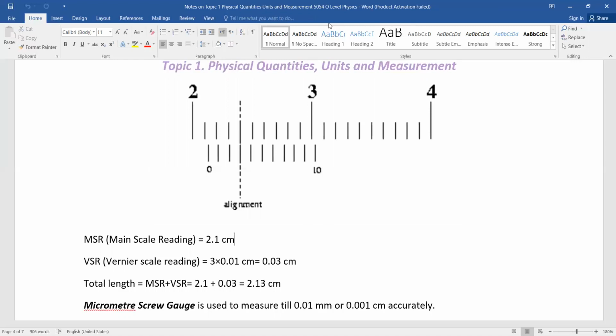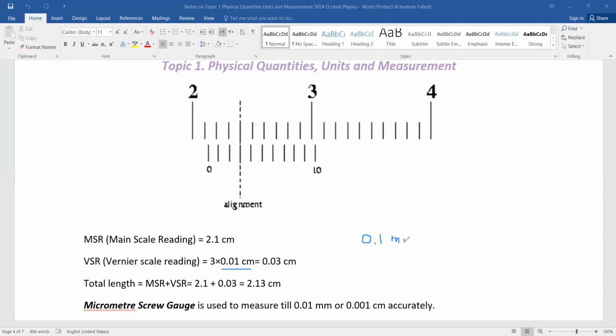So what we discussed before about the accuracy: the ruler you have with you is measuring 1 millimeter accurately, right? And vernier calipers, we say that it can measure 0.1 millimeter, right?